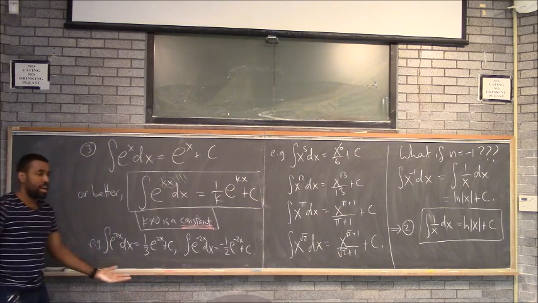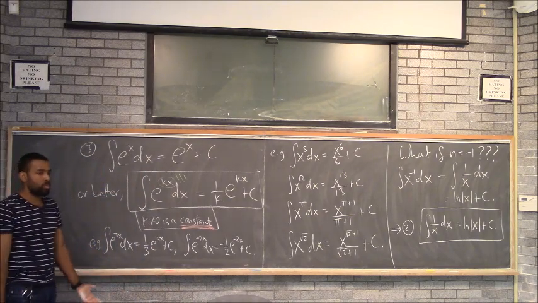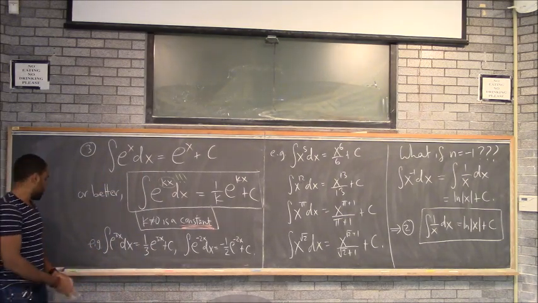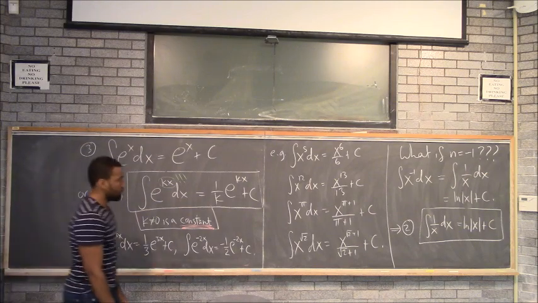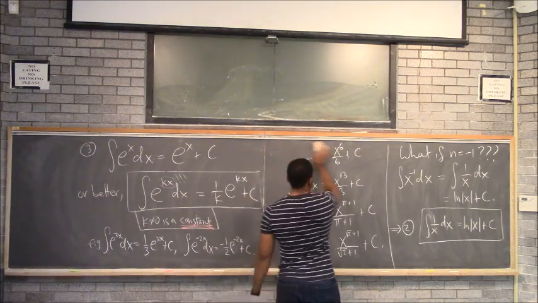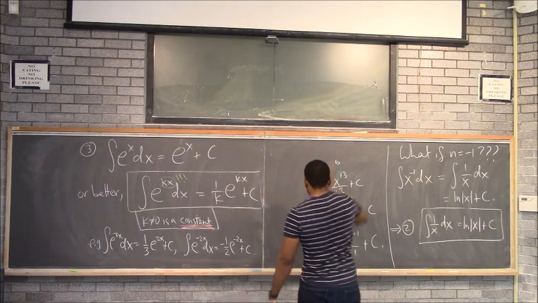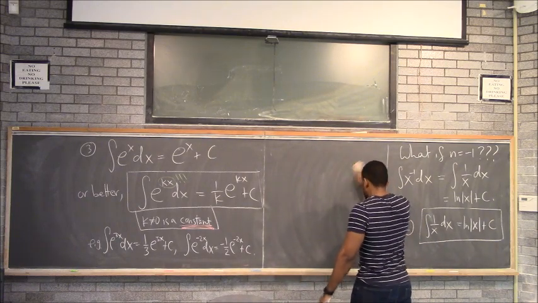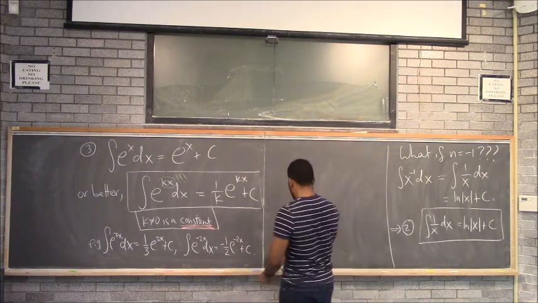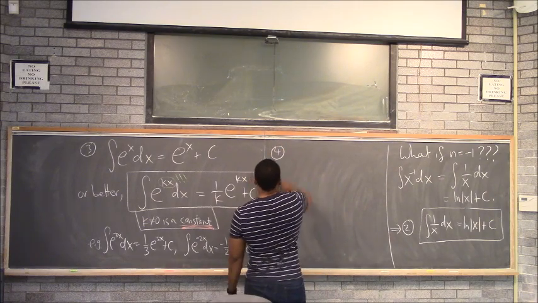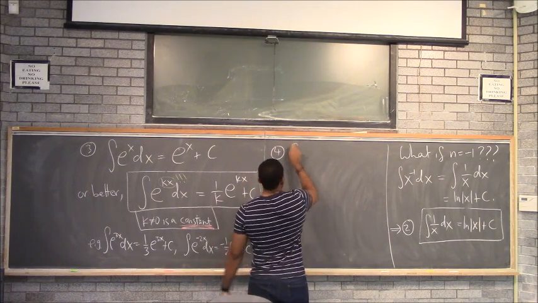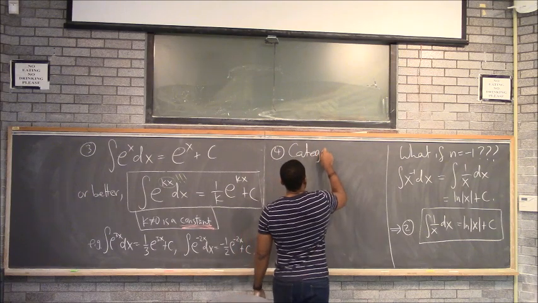If I had e to the pi x, it's 1 over pi e to the pi x plus c. So that's always going to be the rule. That's another basic rule. And I'll call this a category of basic rules.